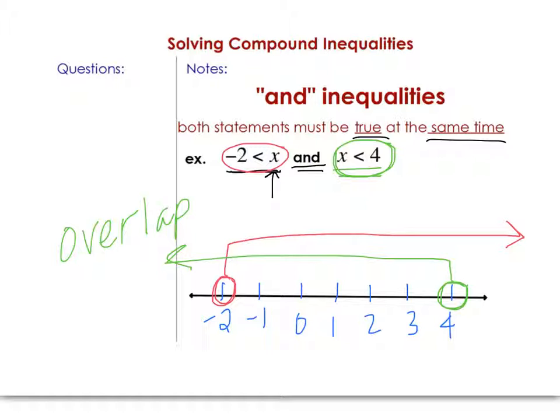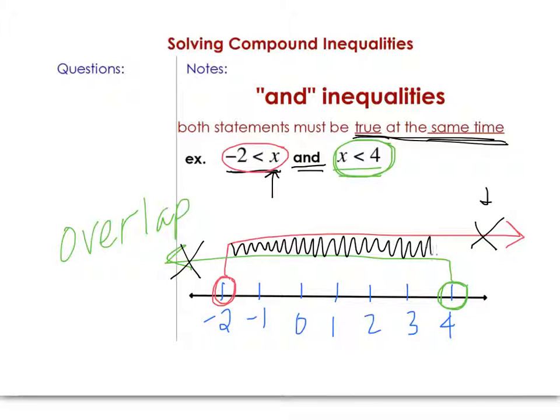For an "and" inequality to be true, both statements have to be true. Well, if I look over here, the red's not true. If I look over here, the green's not true. The only place they're true is this overlap. Meaning this overlap, this middle, is going to be my answer.